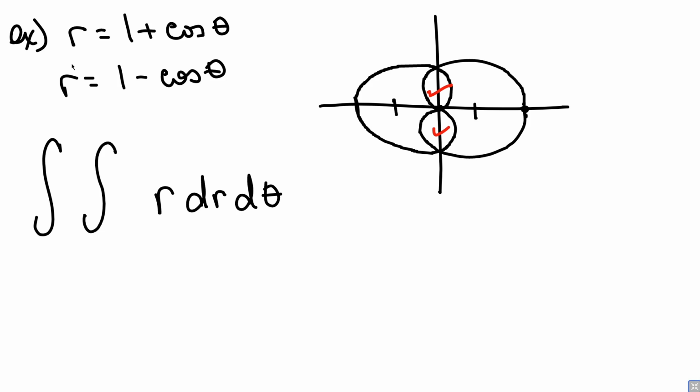Now, I'm going to look at this a little bit differently than what you expect. I'm going to use this piece right here that I'm shading blue. I'm going to use symmetry to help me with this.